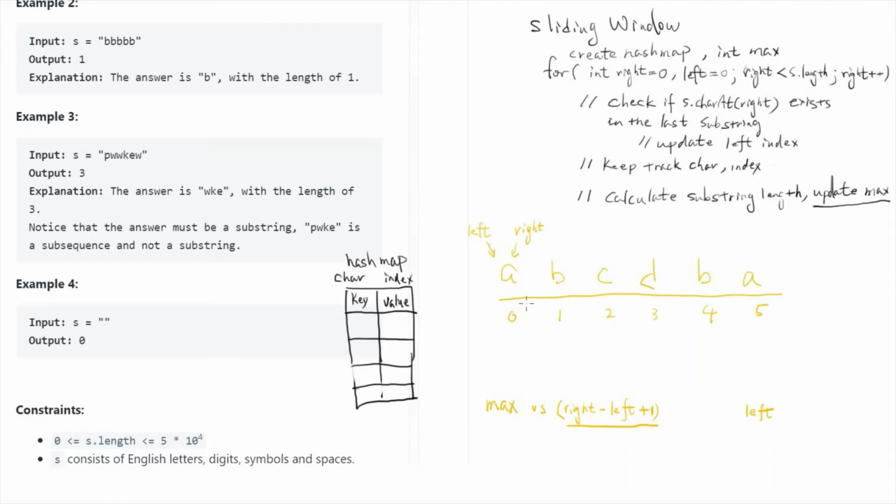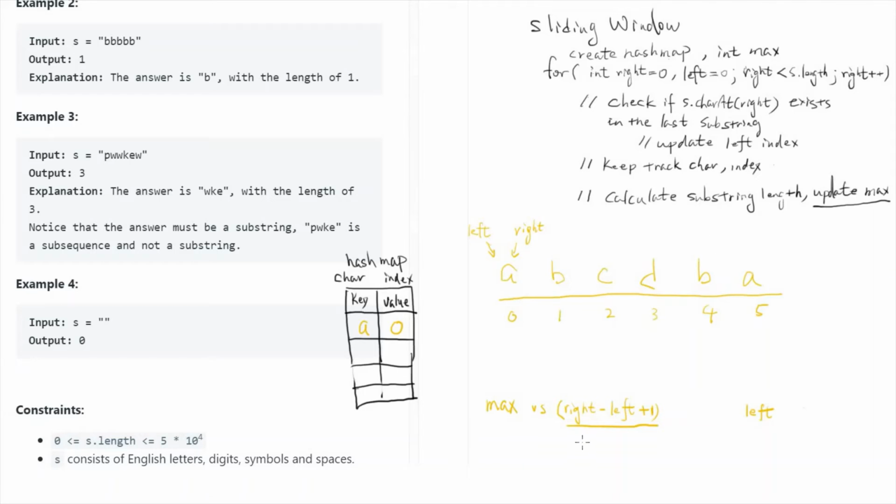In the beginning of the for loop, we're visiting the letter A. First, we need to check if the letter A was visited before. A is not visited before, so we keep track of A and its index in the Hashmap. Then we calculate the substring length and update the max.